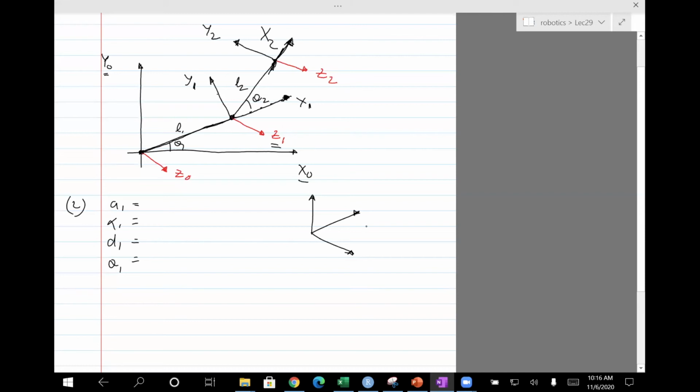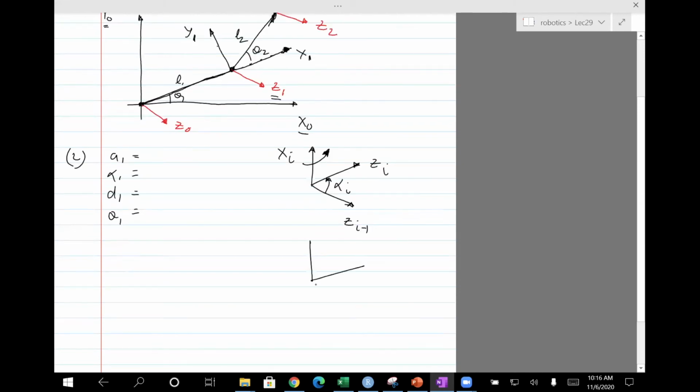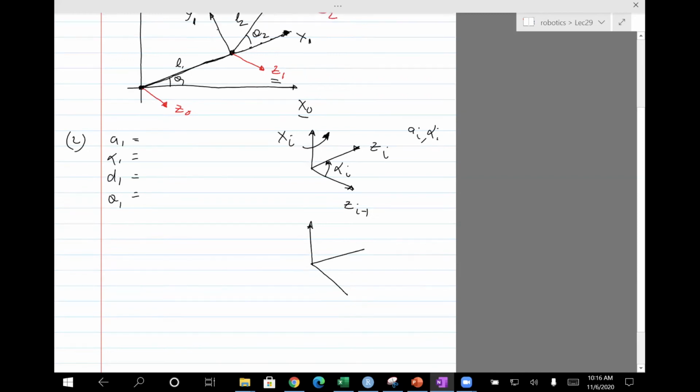So I draw these two figures, one for a_i and alpha_i, and I'll tell you what this figure really means. The other figure I'm going to draw is for d_i and theta_i.